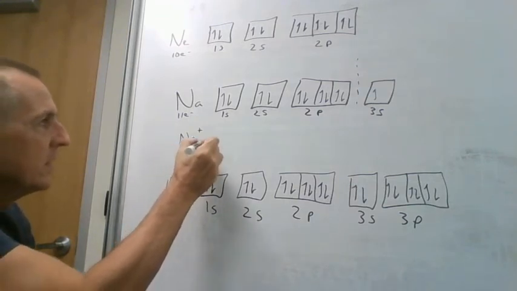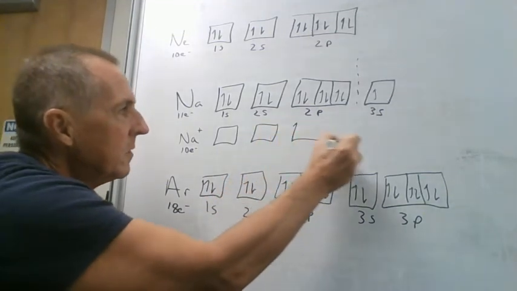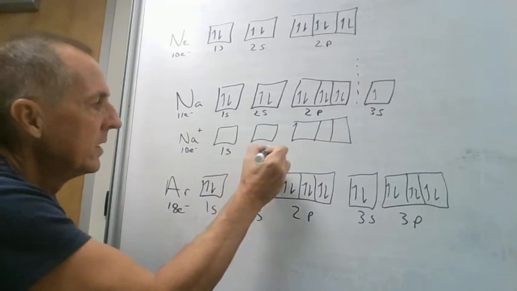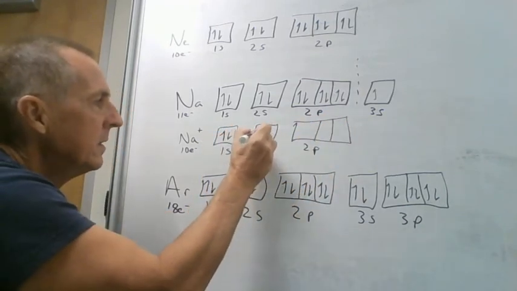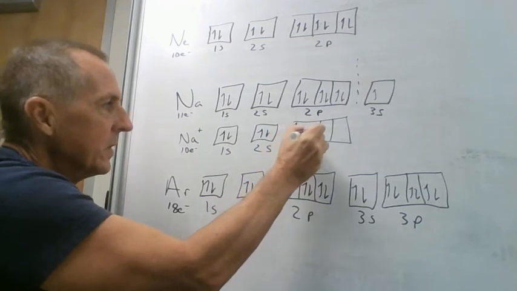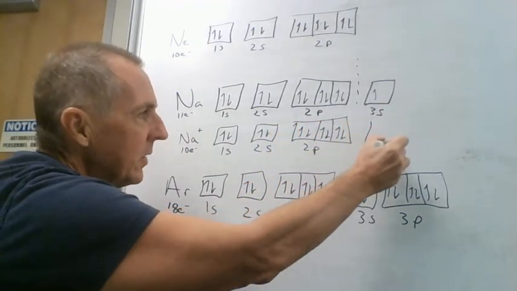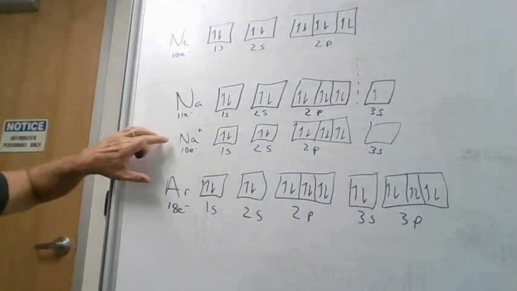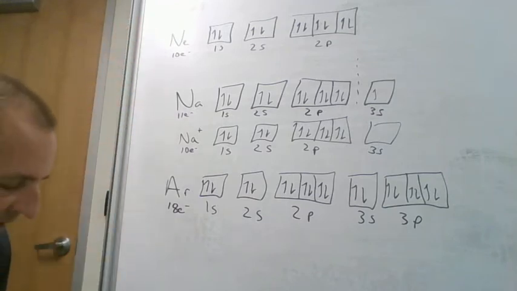And so then its electron configuration is 1s, 2s, 2p, and we've lost that electron in our 3s. Our 3s orbital is still out there, but now it's empty. And so by sodium becoming a +1 cation, now it has the same electronic configuration as the preceding noble gas.